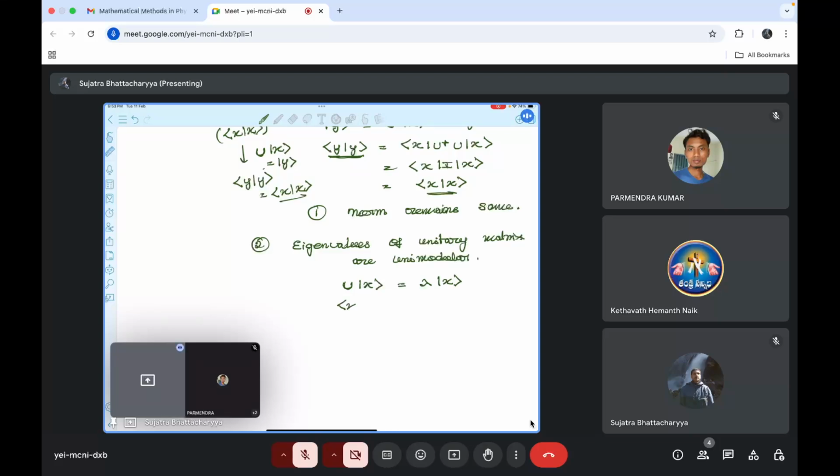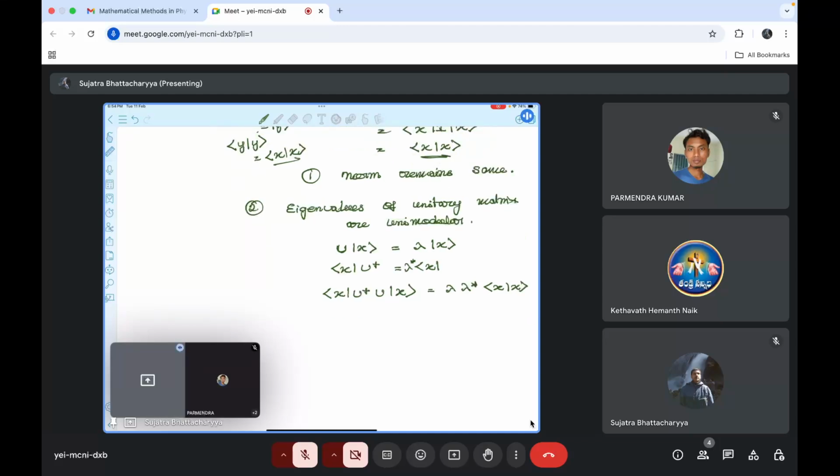Make it in the dual space: x u dagger will be lambda star x dagger. Now what you do? The inner product u dagger u x. What you will get is lambda star x and x. Correct.